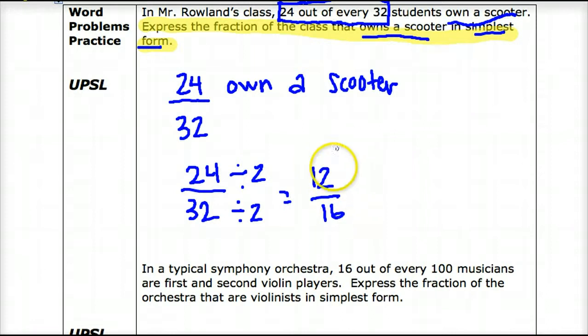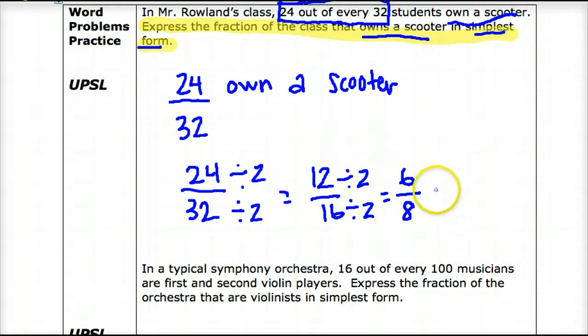Both of my numbers are still even, so I know that any even number can be divided by 2 again. So 2 will go into 12 6 times, and 2 will go into 16 8 times. So I've still got even numbers here.